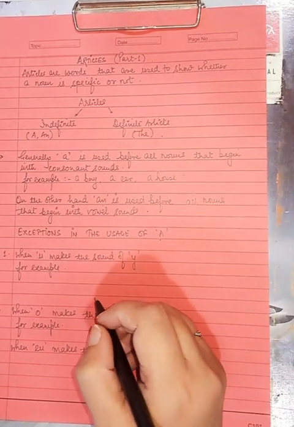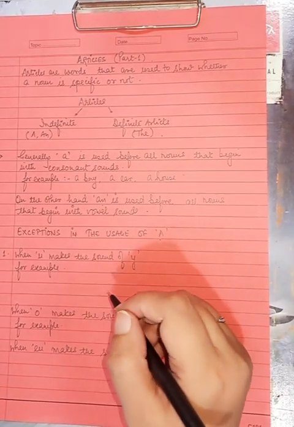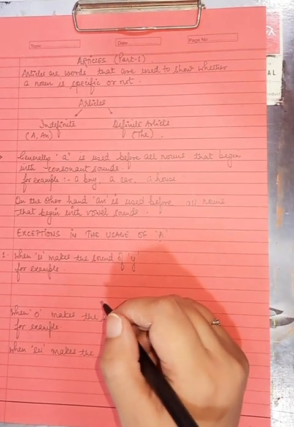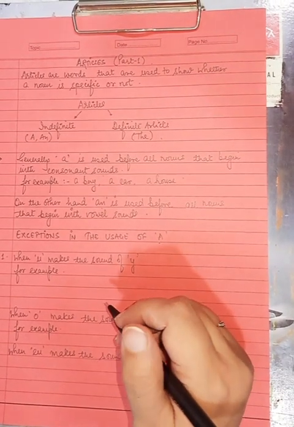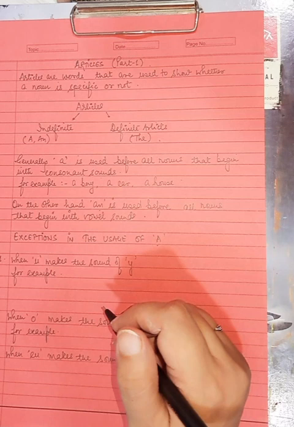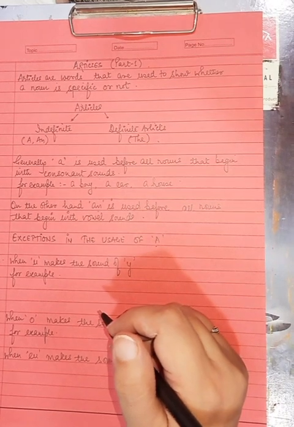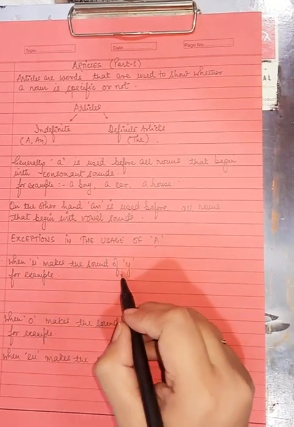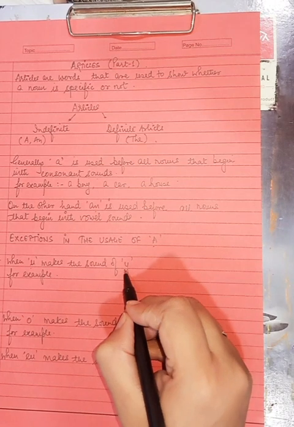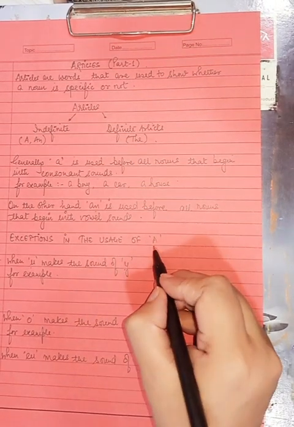So when U is a vowel, it should traditionally have an before it, but sometimes our U makes the sound of a Y, and that's where we use a.